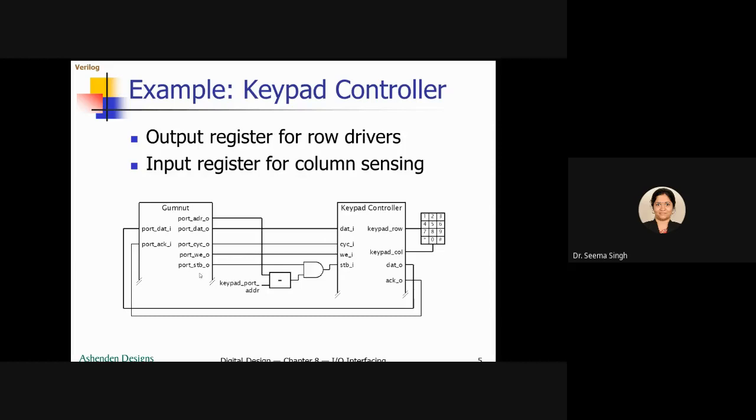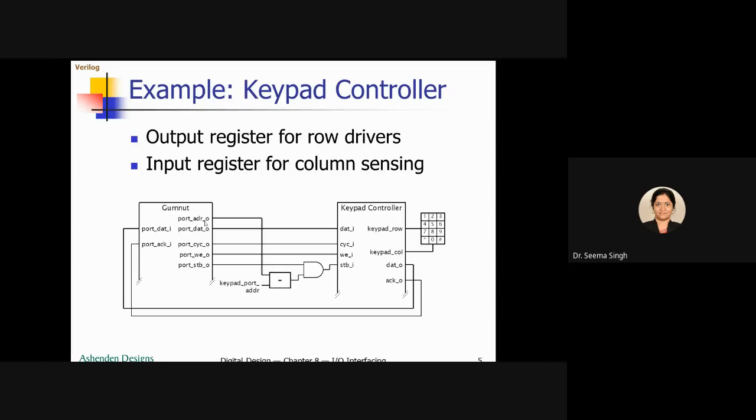So if this output port address currently is equal to the keypad port address, then only this keypad controller will be activated. There may be a possibility that this port address output may have some other address and not that of the keypad controller, maybe some other IO device which is connected to the Gumnut processor.